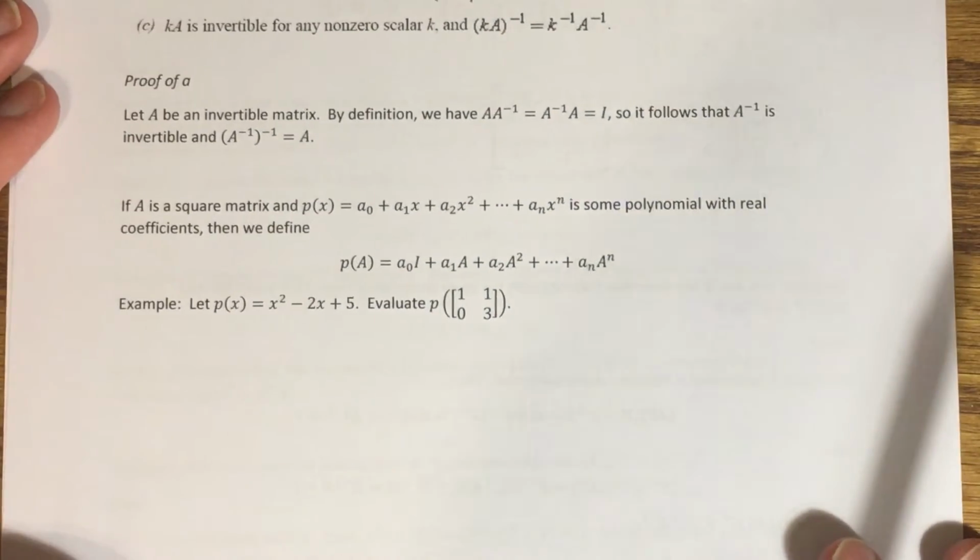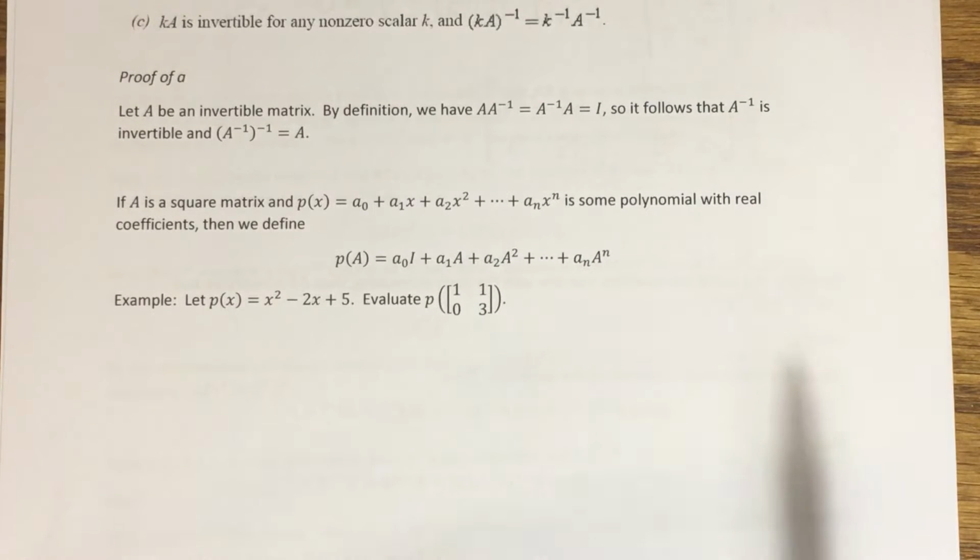So now that we've defined exponents for matrices, in algebra, exponents show up in a number of places, but primarily when we're dealing with polynomials. And so it seems kind of natural that we could provide a connection between polynomials where the variables represent real numbers and polynomials where the variables represent matrices, square matrices in particular.